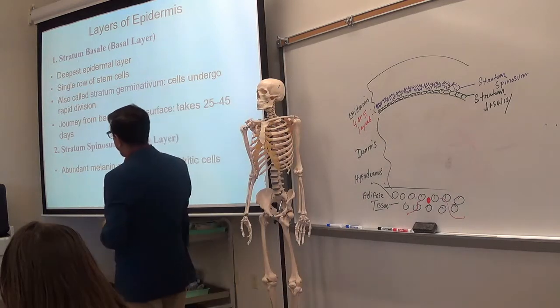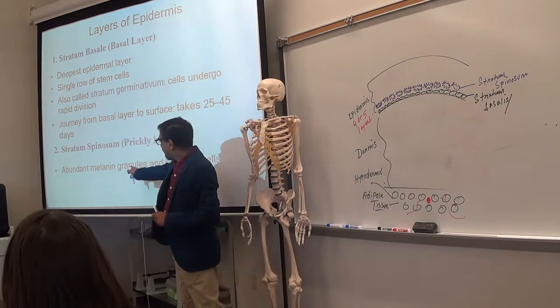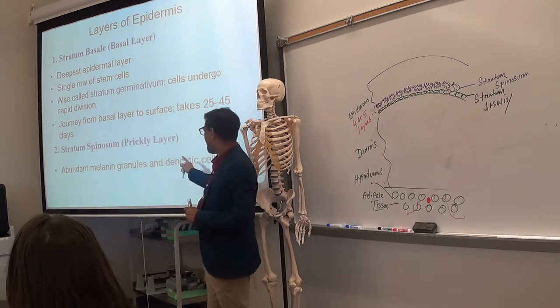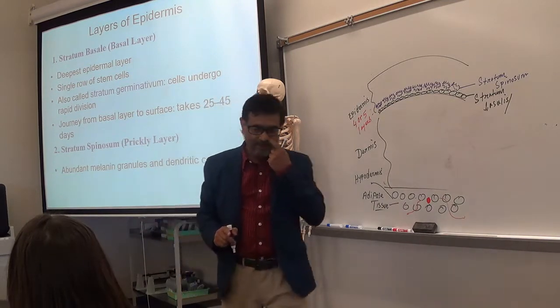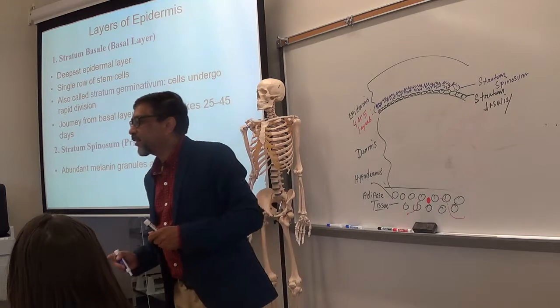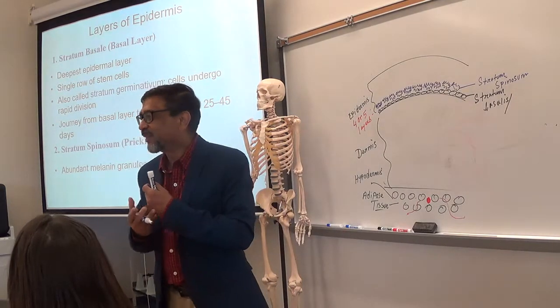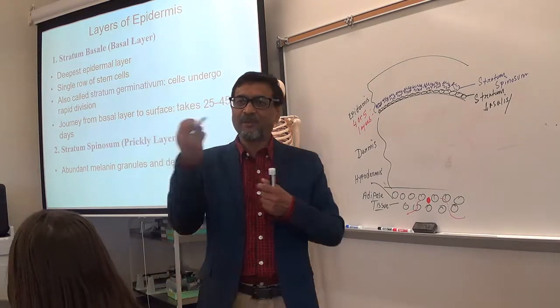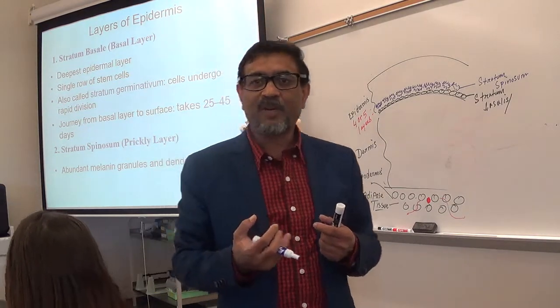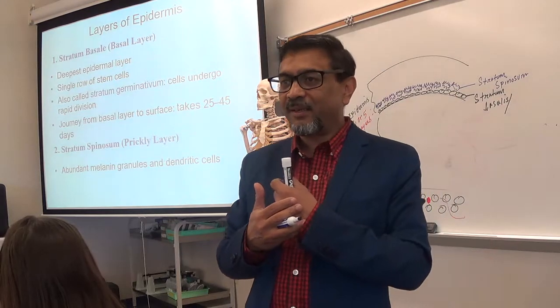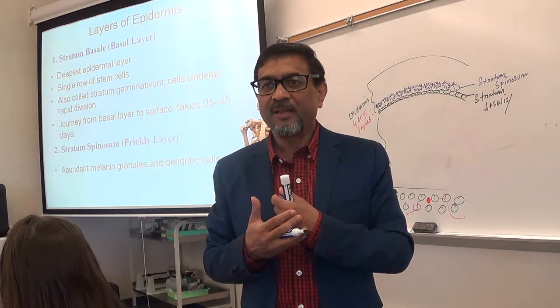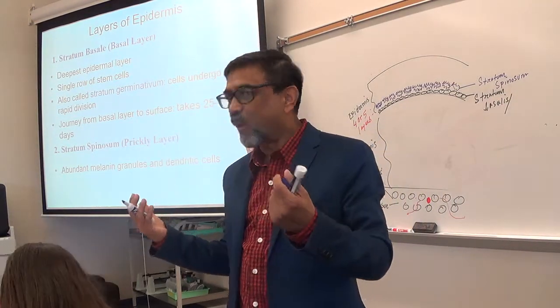In this layer, you have plenty of melanin granules and dendritic cells. Melanin, anybody? Skin color. That gives the color of the skin, right? Dark pigments. Okay? So if the person has more melanin, the skin is what? Darker. Right? Lack of melanin, skin is white.